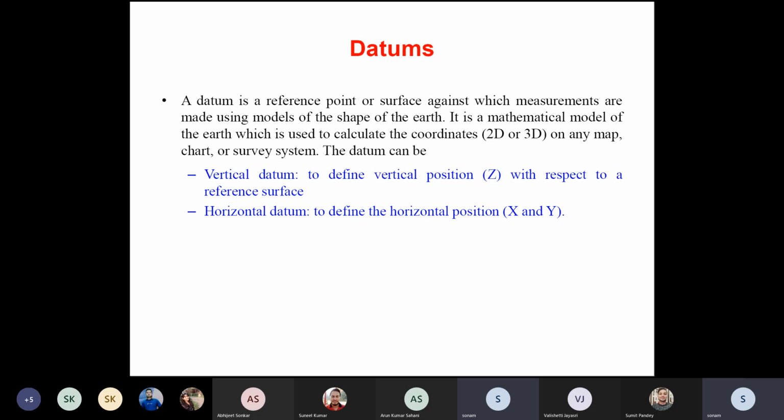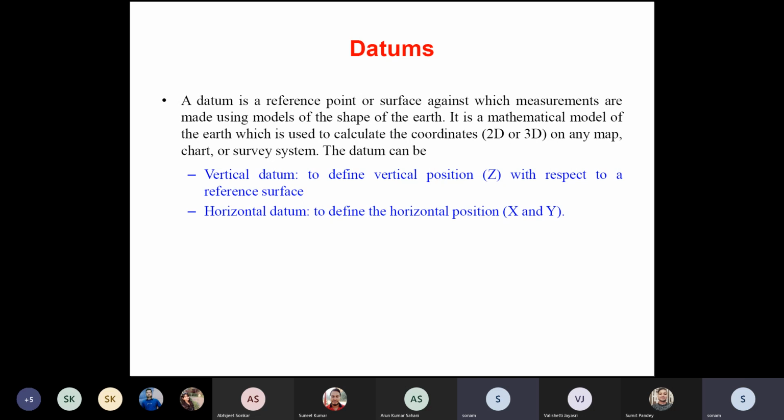But when we go for military missile systems and other things that involve collateral damage, in that case a high degree of positional accuracy is needed. So here also, we need to learn about the datum.